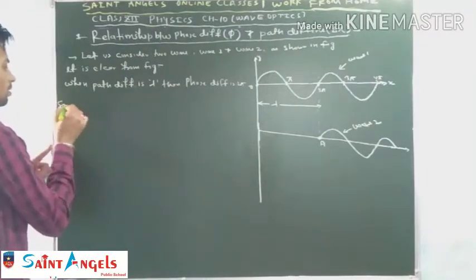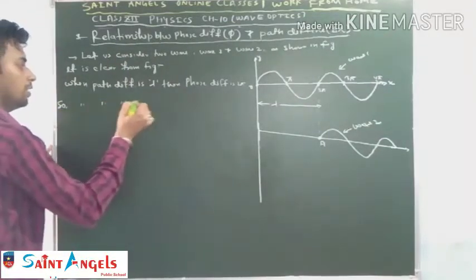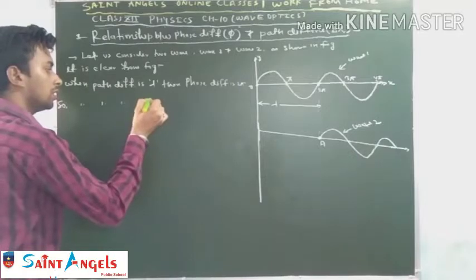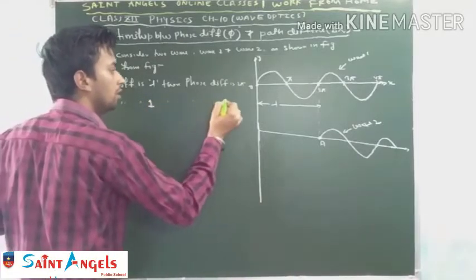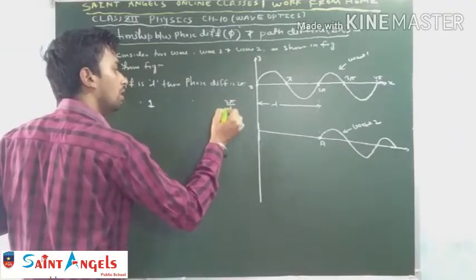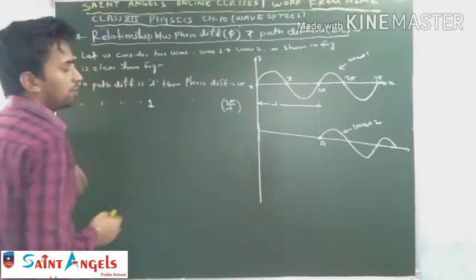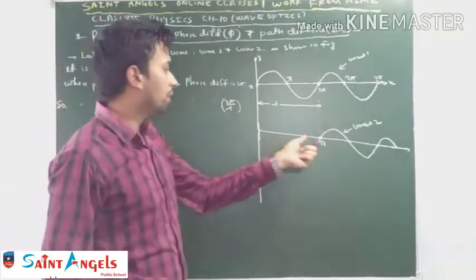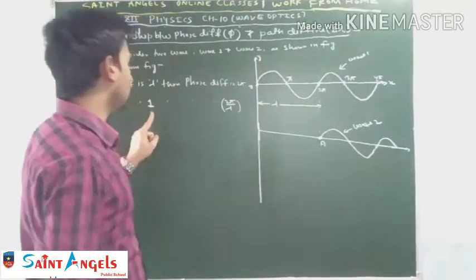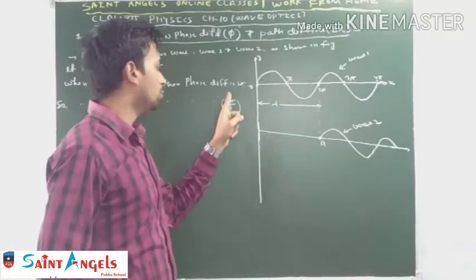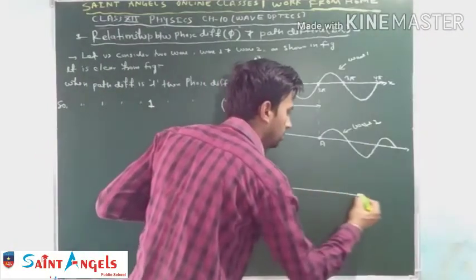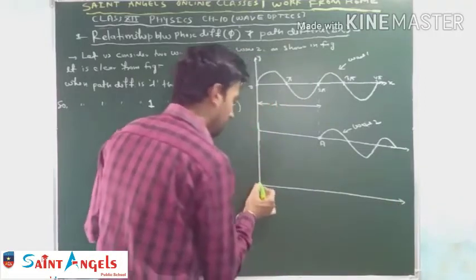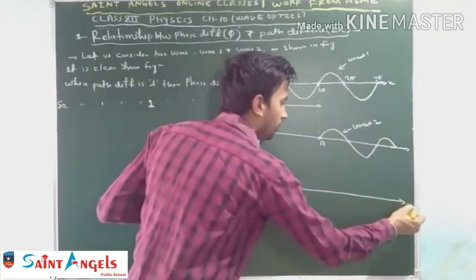So, when path difference is 1 unit, then phase difference is 2 pi upon lambda. It means when the difference in path between two waves is 1 unit, then the difference in phase is 2 pi by lambda. Student, we will find the general relationship between path difference and phase difference.